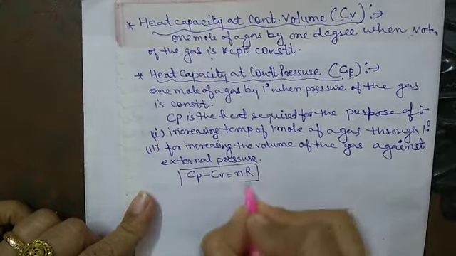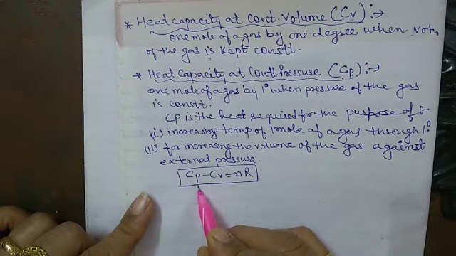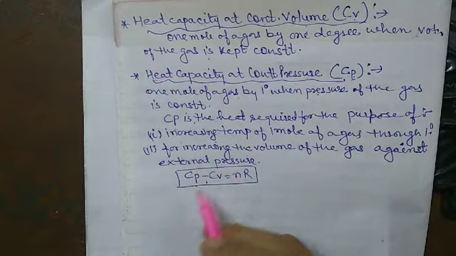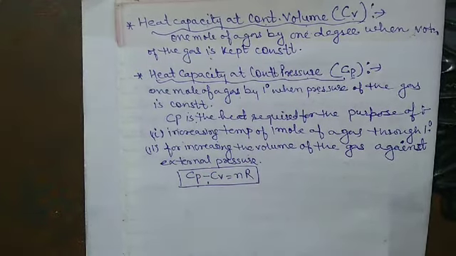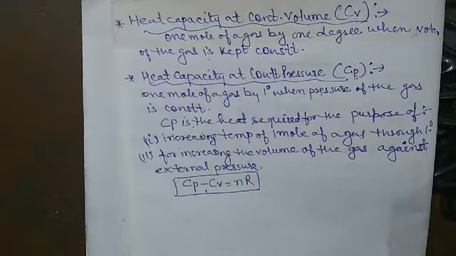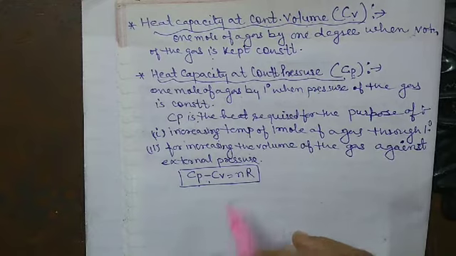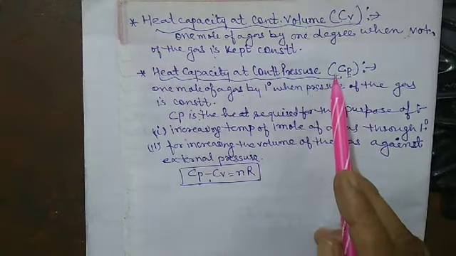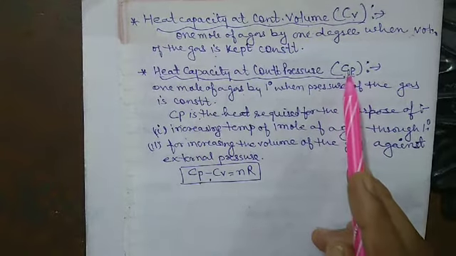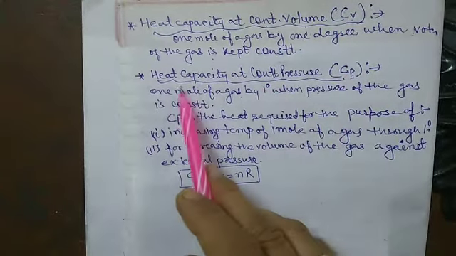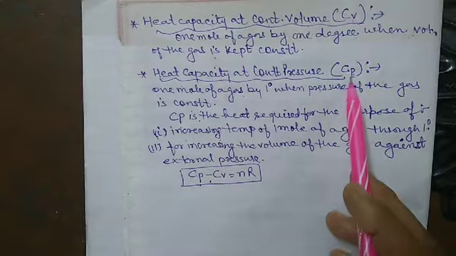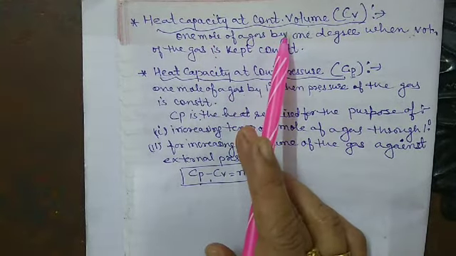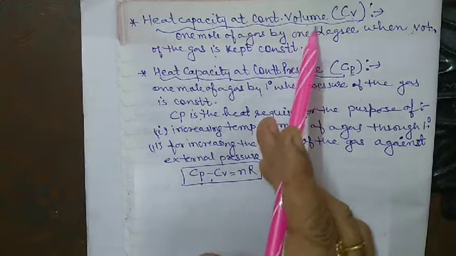So this is the relation between Cp and Cv, and its derivation is given later in this chapter. We have derived this later on. So the heat capacity at constant pressure is always greater than the heat capacity at constant volume.